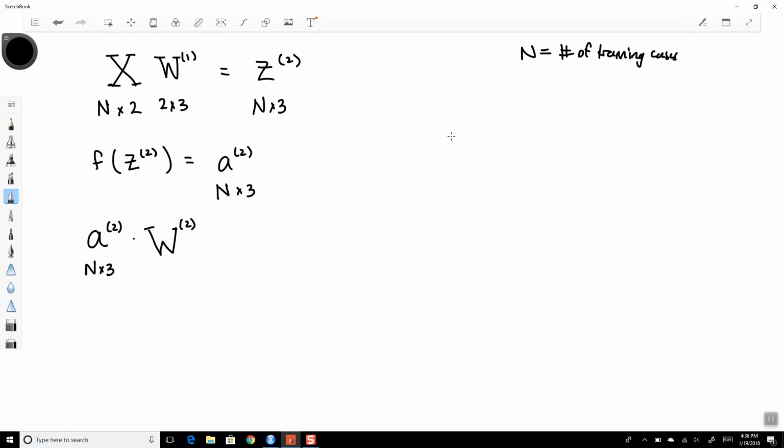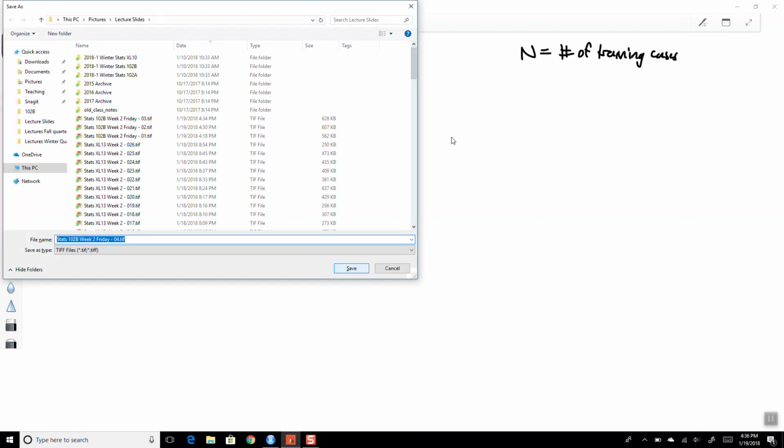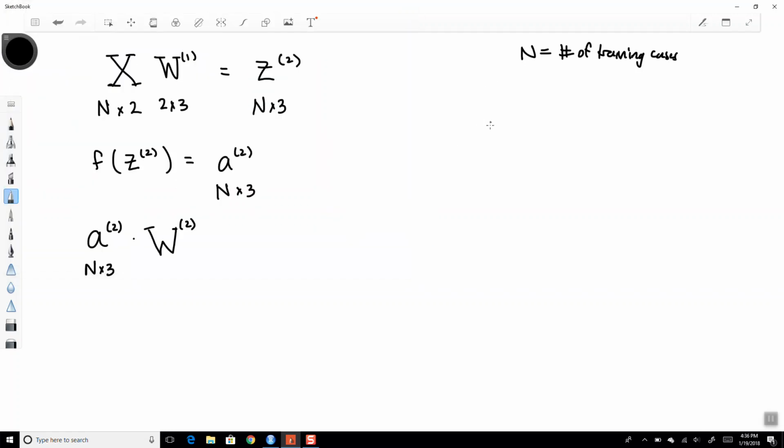Keep in mind our network looks like this. We've got 2, we've got 3 over here, and then the output layer has only 1. So what are the dimensions of W2? 3 by 1, right?